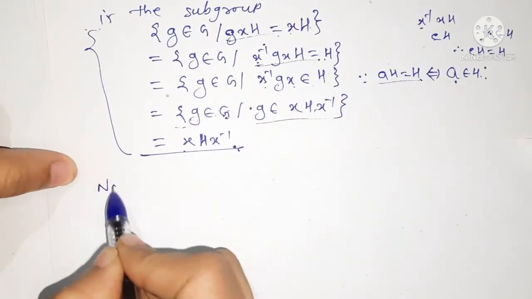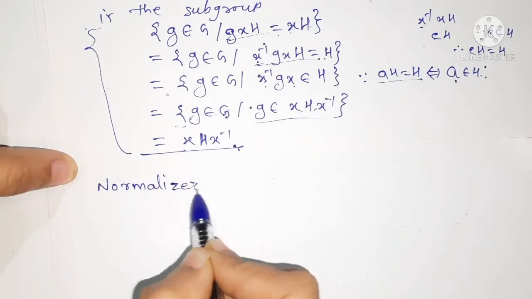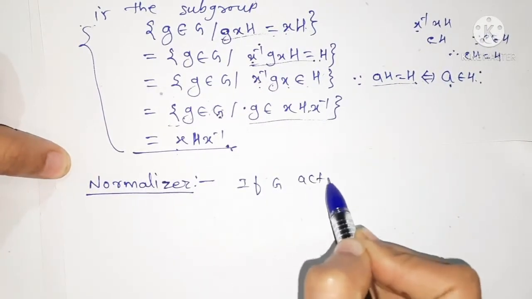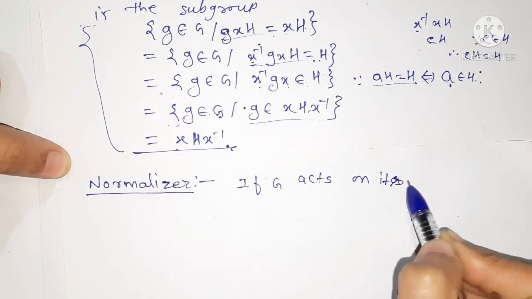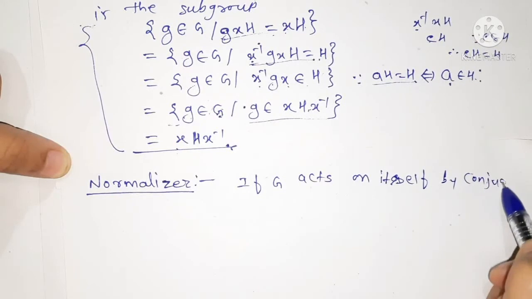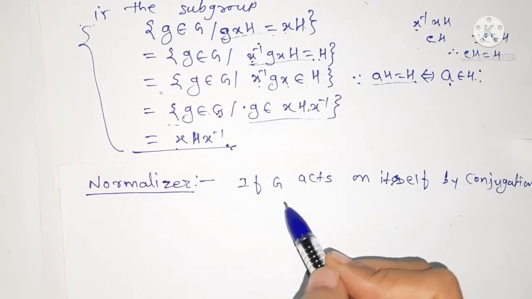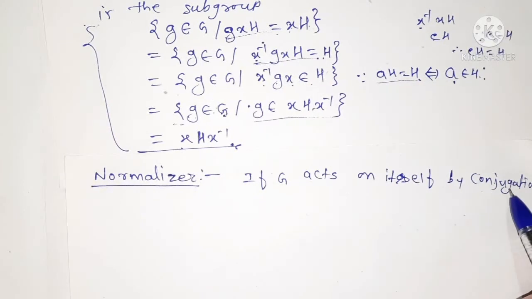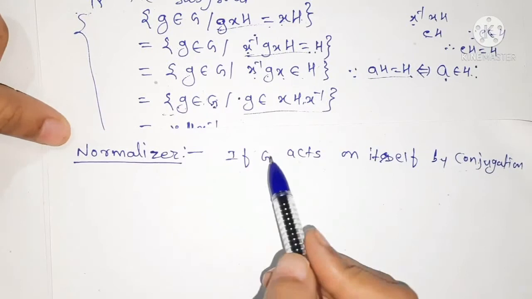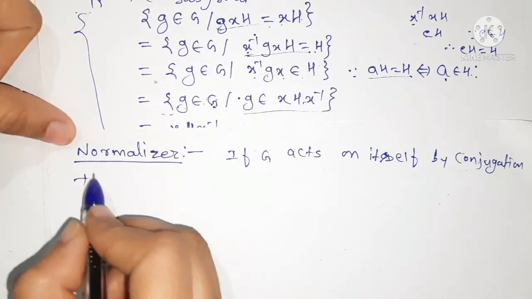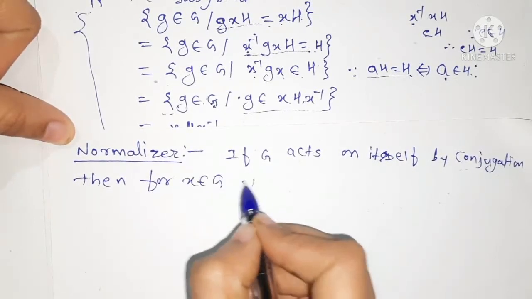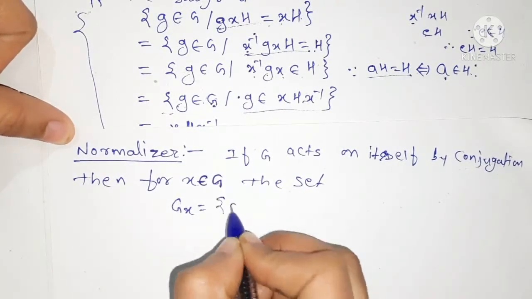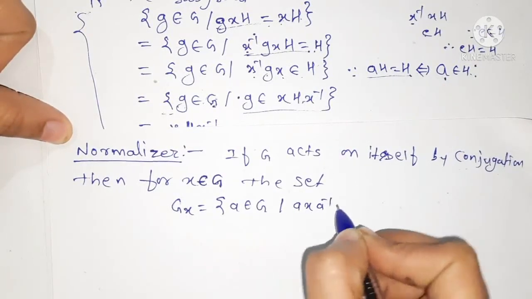Now we see the definition of a normalizer. If G acts on itself by conjugation, then G becomes a G-set, and the action defined on G is conjugation. So for x belonging to G, we have the set G_x equal to the set of all a belonging to G such that axa inverse = x.